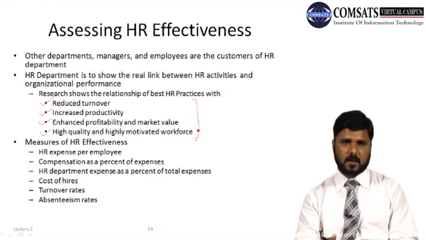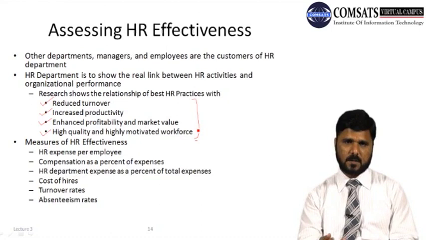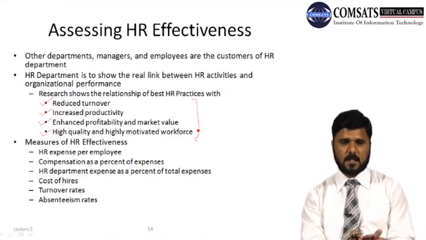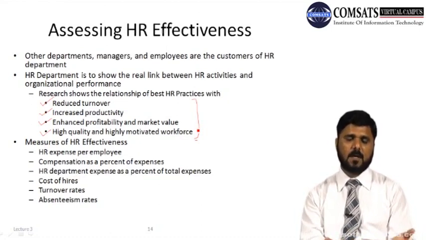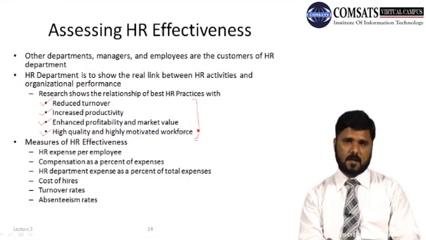HR की इफेक्टिवनेस हम शो कर सकते हैं बाय कंडक्टिंग रिसर्च. ठीक है, तो इसमें हम वेरियस चीज़ें कर सकते हैं. सबसे जो आसान चीज़ है वो है मेजर ऑफ HR इफेक्टिवनेस बाय द वे ऑफ HR रिकॉर्ड्स.